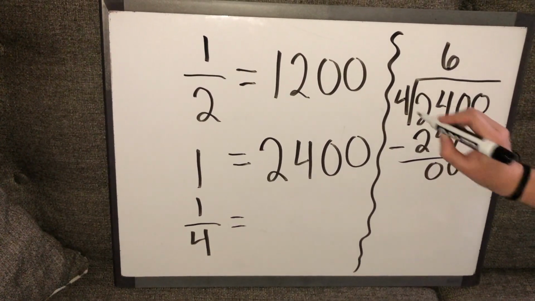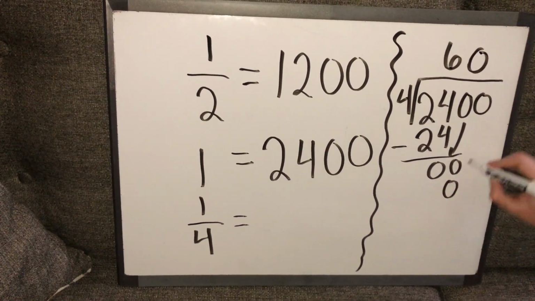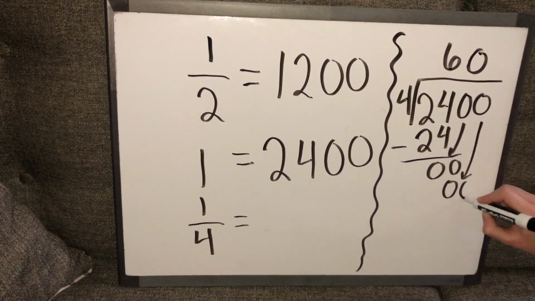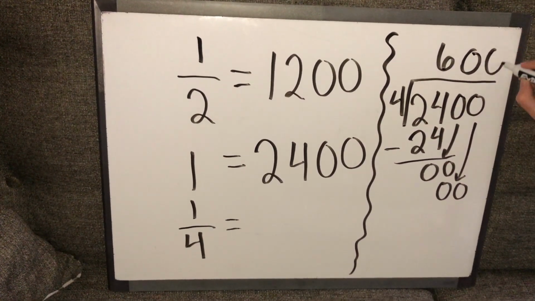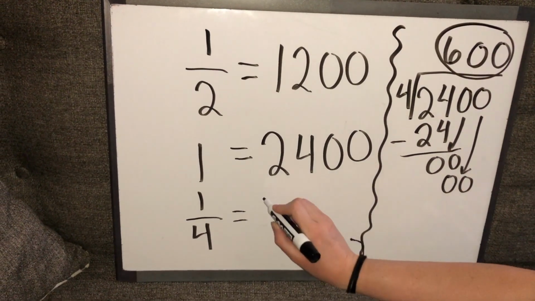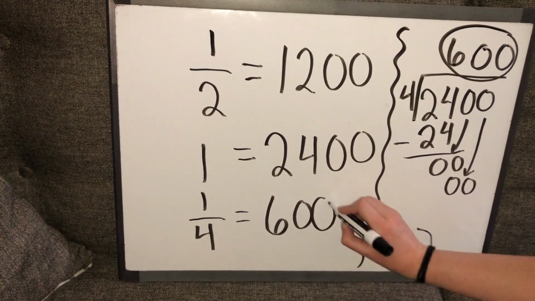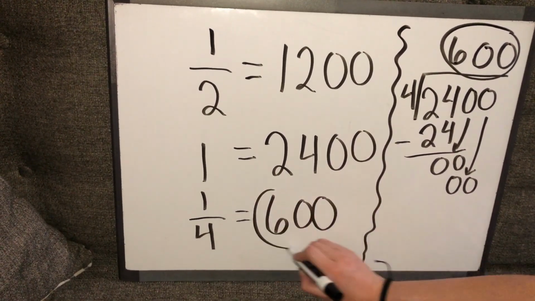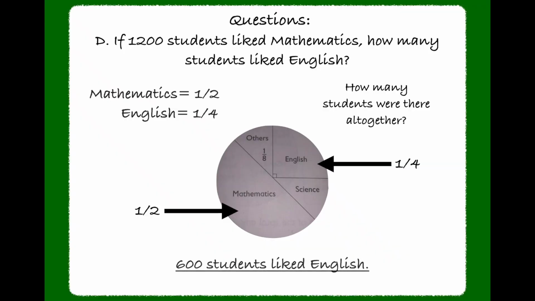Bring down your 0. 4 goes into 0 0 times. Bring down our 0. 4 goes into 0 0 times again, and this gives us 600 as our answer. 1/4 of the student population is 600 students. 600 students liked English.